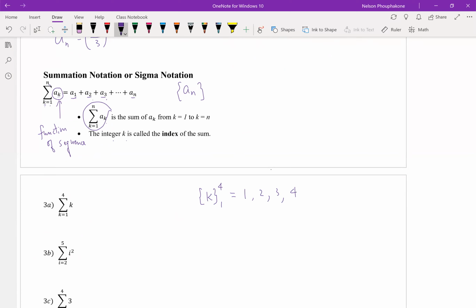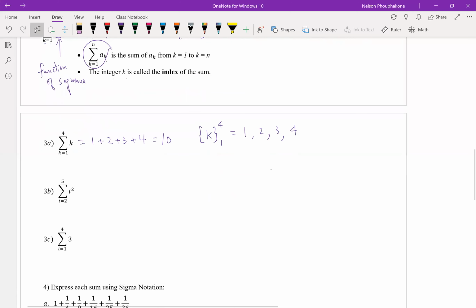I have 4 terms. So if I want to write the summation, I'm going to have 1 plus 2 plus 3 plus 4. Of course I know that the sum will be 10. Yeah, so that's the idea.